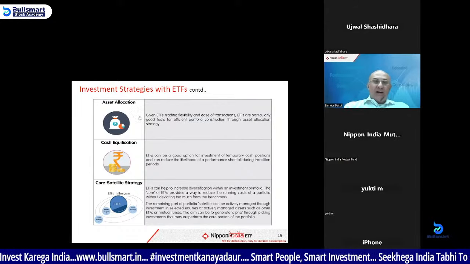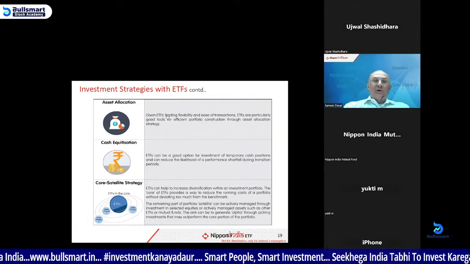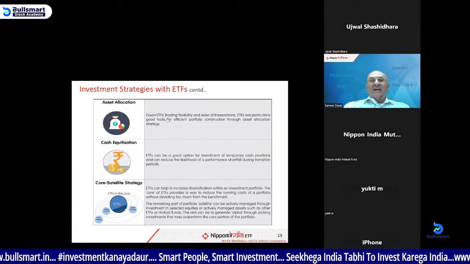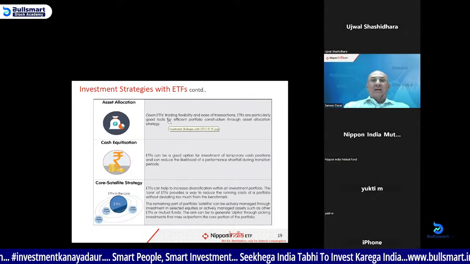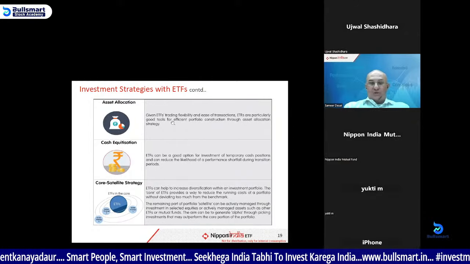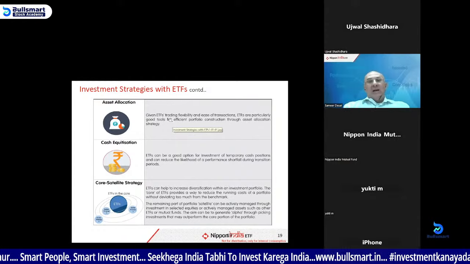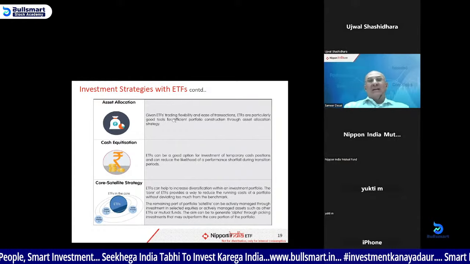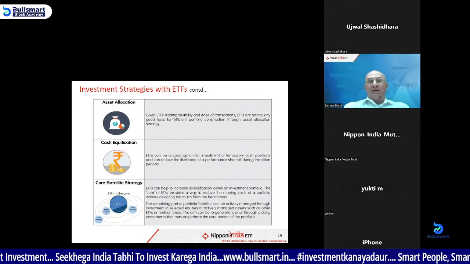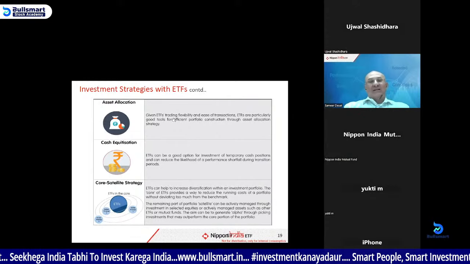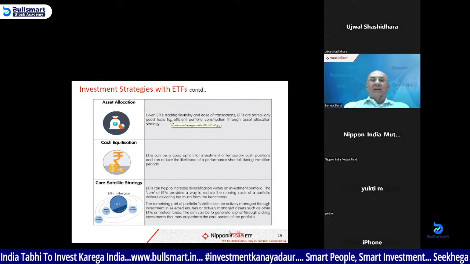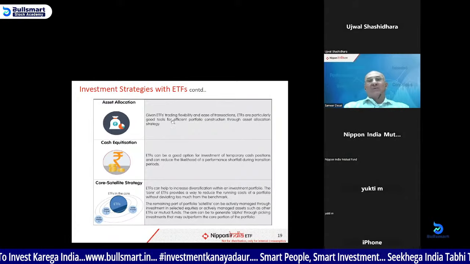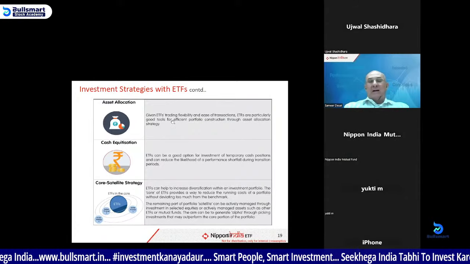And this is where ETFs are ideal for asset allocation, because indexes are asset class representative portfolios. What does this mean? Indexes are designed to capture the characteristics, properties, and behavior of an asset class. For example, Nifty 50 represents the large cap segment of the market.